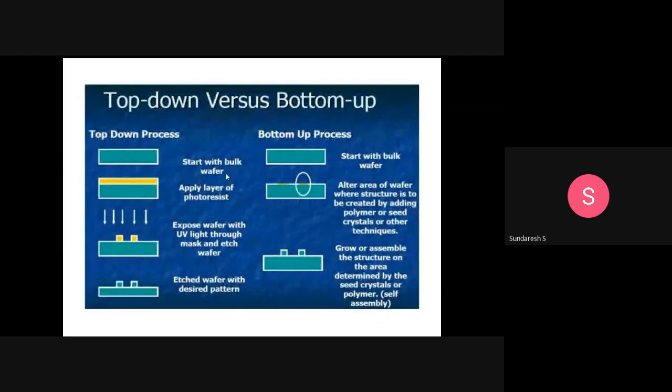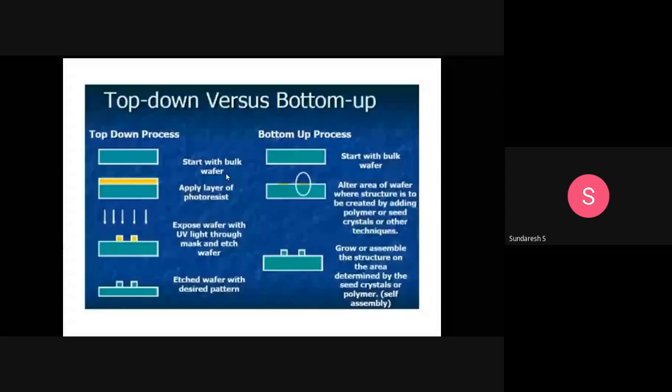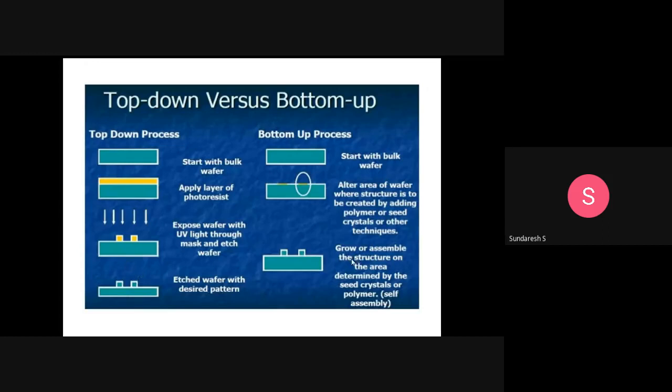So in the etching process, we start with a bulk wafer, apply the photoresist, and then expose the wafer with UV light through the mask and etch the wafer with the desired pattern. Here, growing or assembling the structure in the area determined by the seed crystals or polymer is called self-assembly. This is just one comparison that they have shown of top-down versus bottom-up.